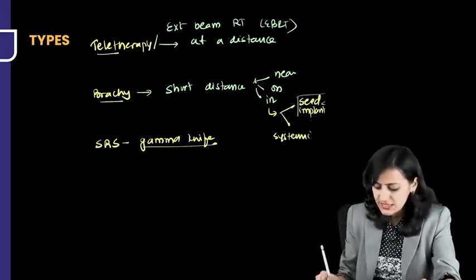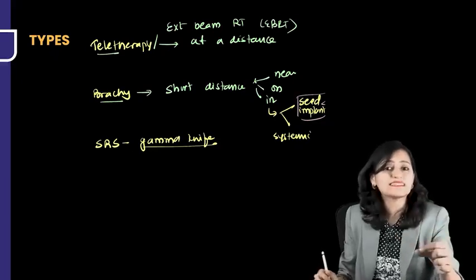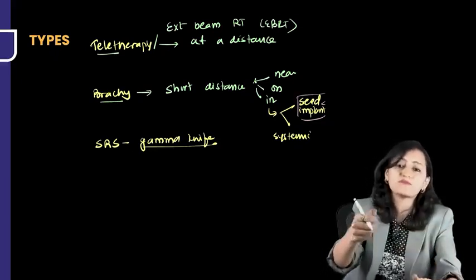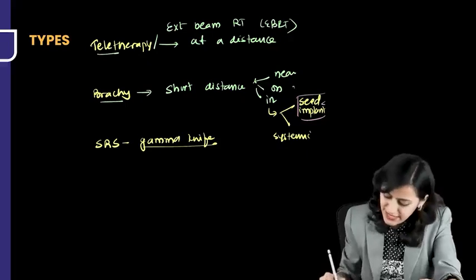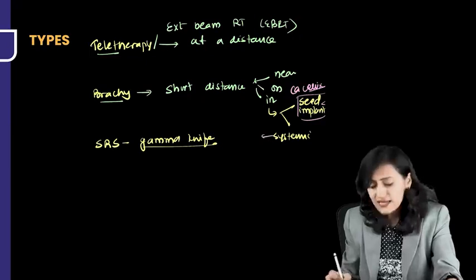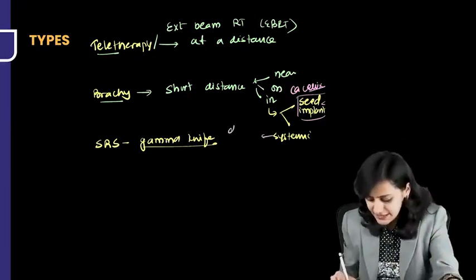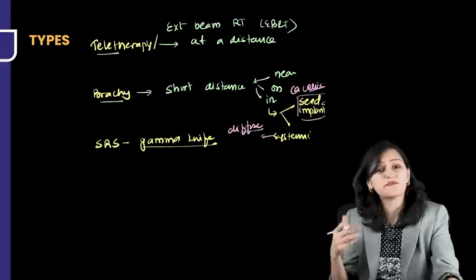So thinking logically, the seed or the implant brachytherapy will be used when the tumor is accessible, like carcinoma cervix, we can put the implant, right? So accessible sites, we use the implant therapy. When it is a diffusely spread cancer, inaccessible sites, then we use systemic brachytherapy.